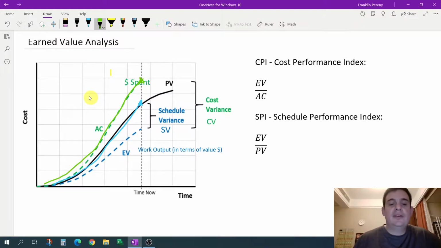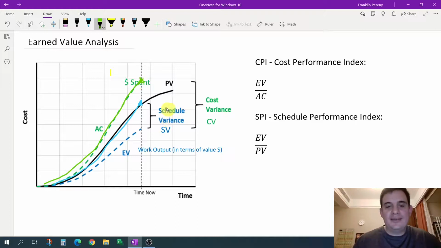I've built my 7 miles of road or whatever, but I've spent $10,000 to build $7,000 worth of road. So I'm on schedule. I've got 7 miles of road complete, but I spent more money than I thought I was going to. Okay?